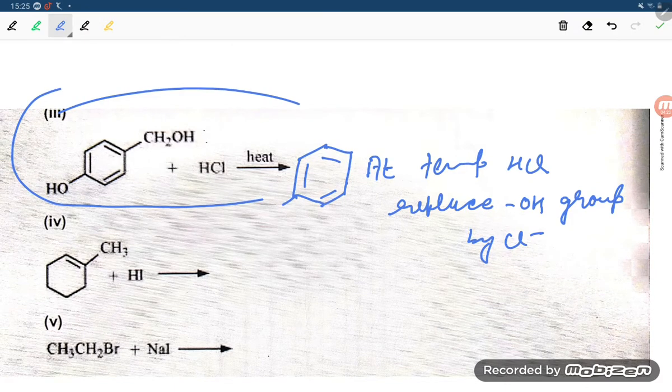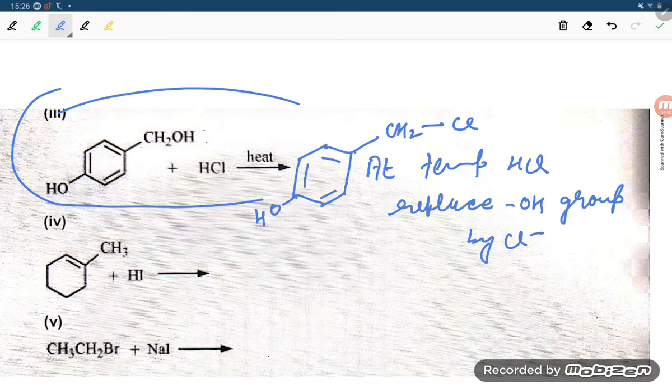It will replace the OH of the allylic alcohol. So the OH stays as it is, and here it will be CH2Cl. Always keep in mind, this Cl can only replace the OH group of the alkane.